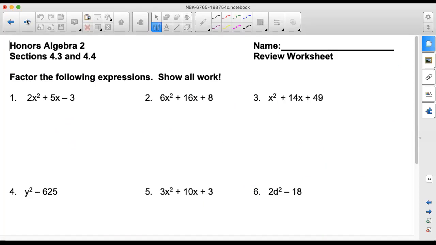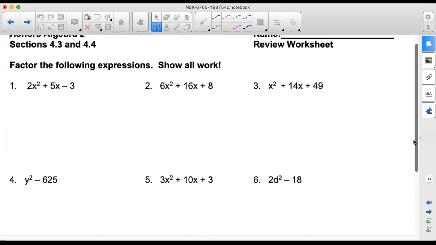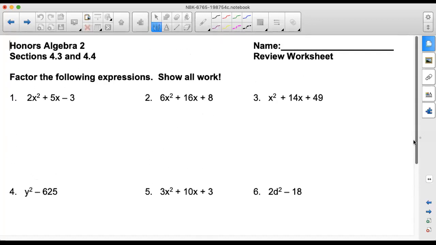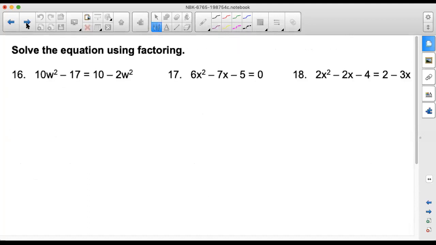We can look at, there's 3 application problems, or really just 2. 2 application problems on this review worksheet. The whole first page is factoring. I know there's 4 application problems, so they're simpler than what we've been doing.